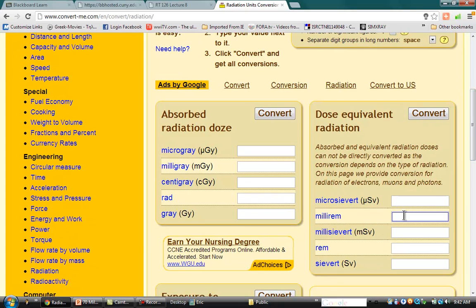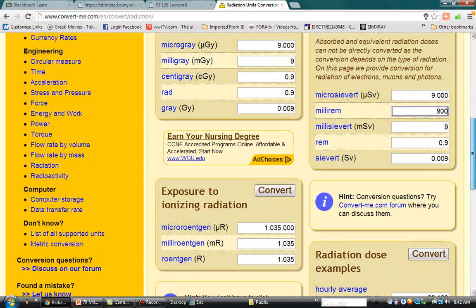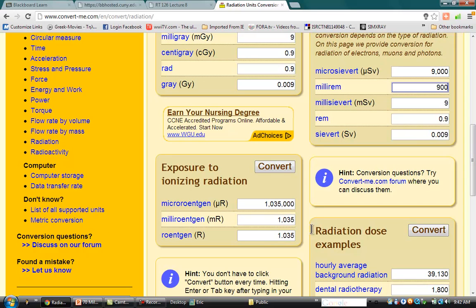Okay, that's 9,000 microsievert, 9 millisievert, 9,000 microgray, and approximately 1 rankine. So it's a nice little calculator.